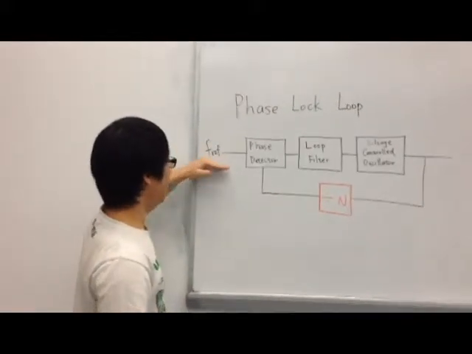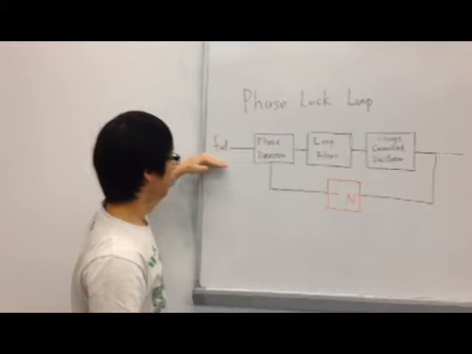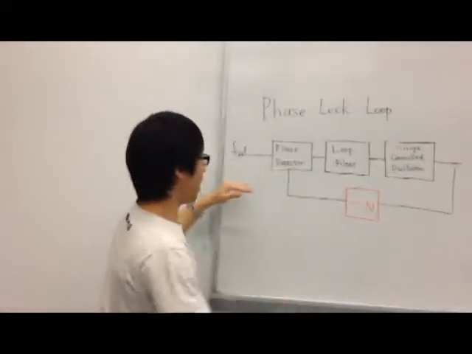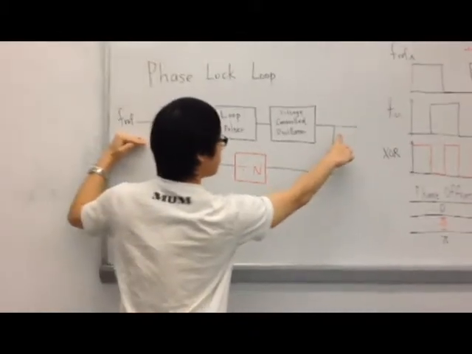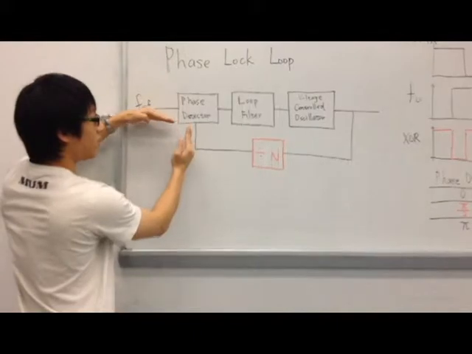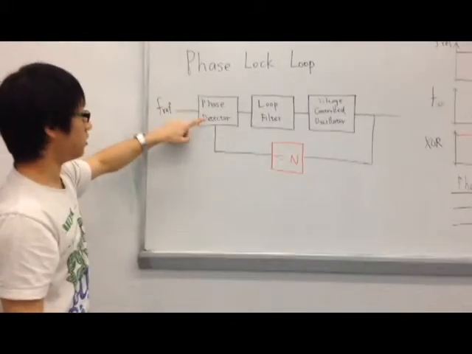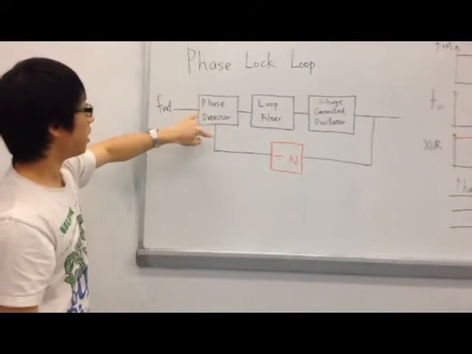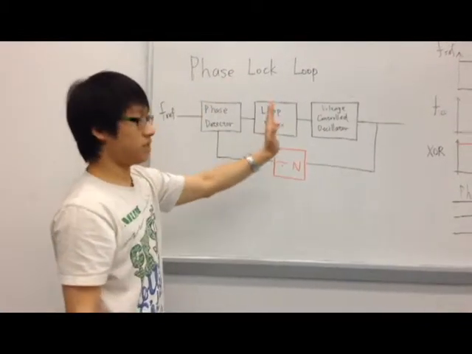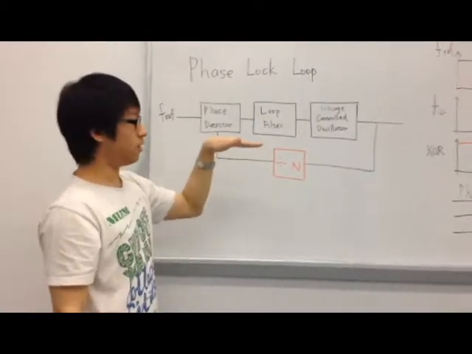So the input of the system is a signal that has a certain frequency. Then you detect the output of the system and try to find a phase offset. That's what the phase detector is doing. After you get the phase offset, you filter it so that it's a constant DC offset.